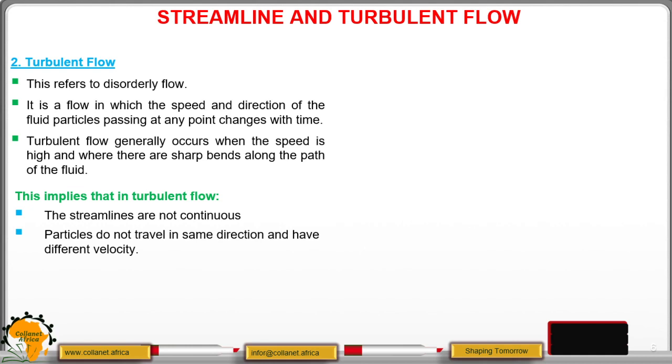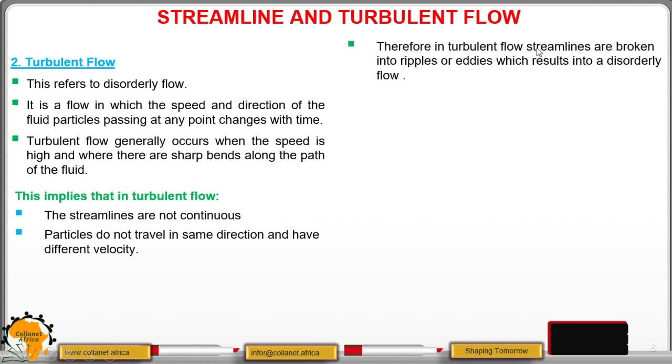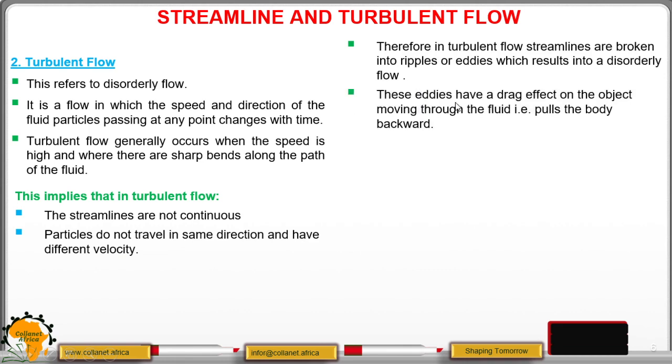Particles do not travel in the same direction, and they don't have the same velocity. Therefore, in turbulent flow, streamlines are broken into ripples, which results in disorderly flow. These eddies have a drag effect on the body moving through the fluid, that is, they try to pull the body backward to where it is coming from.